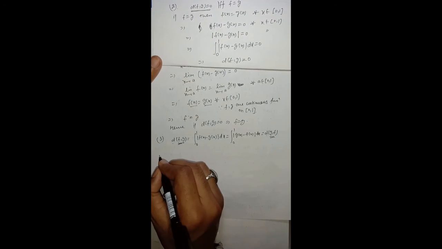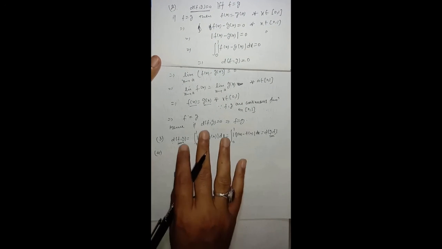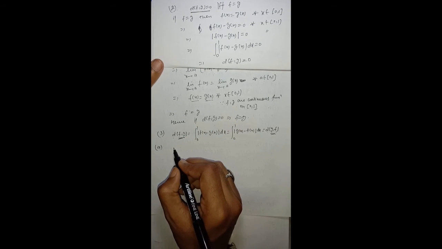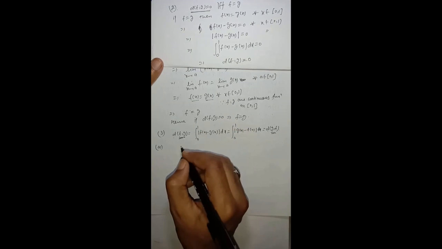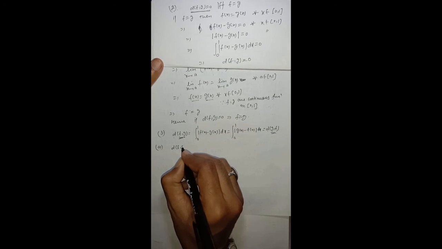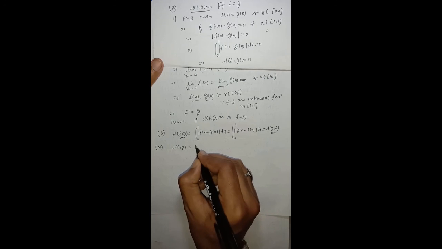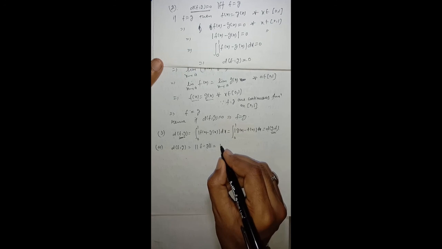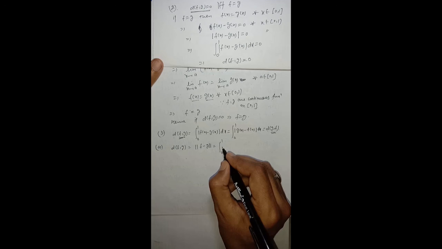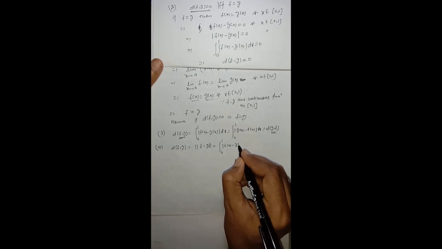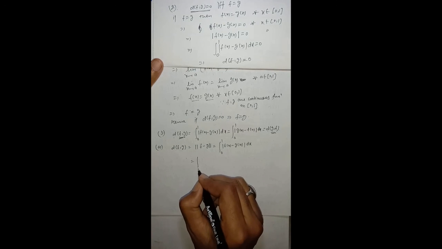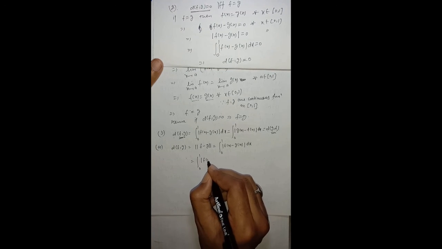Now the last property, we will have to show the triangle inequality. Now we have d(f, g), this is equal to the norm of f - g. This is equal to, as we defined in the question, the integral from 0 to 1 of |f(x) - g(x)| dx. This is equal to the integral from 0 to 1 of |f(x) - h(x) + h(x) - g(x)|.